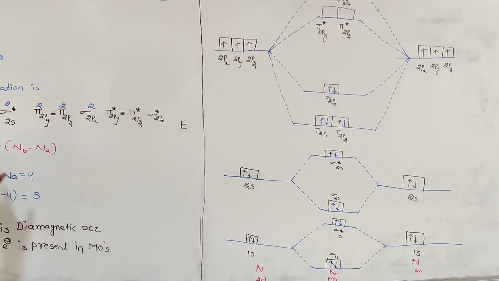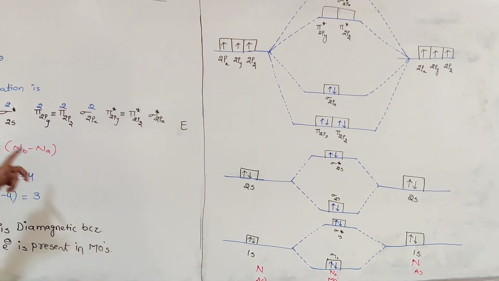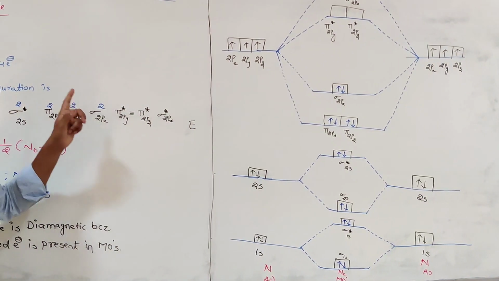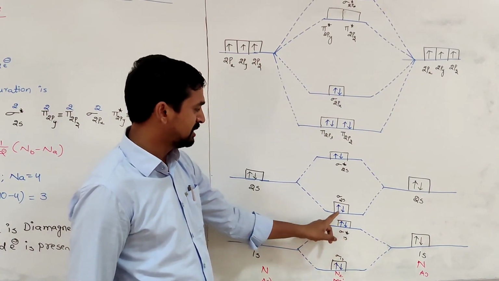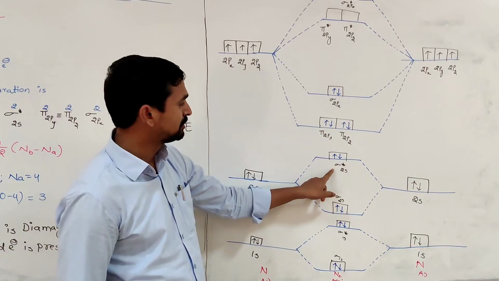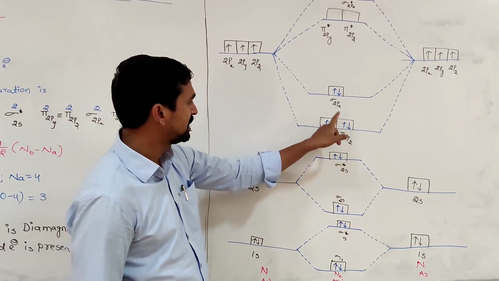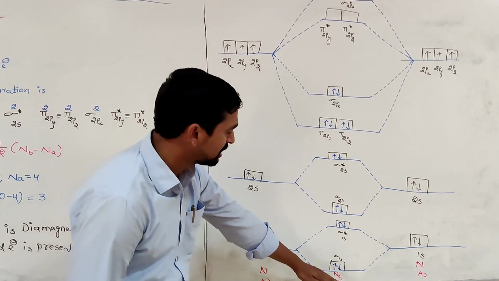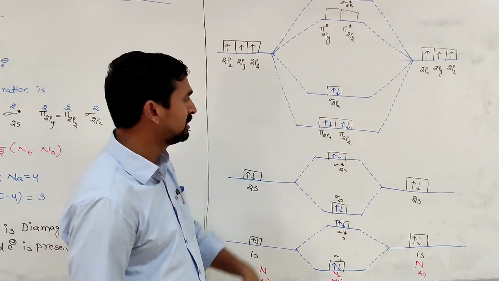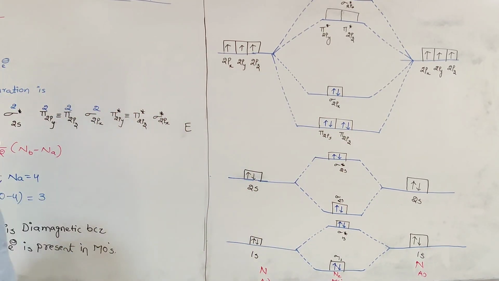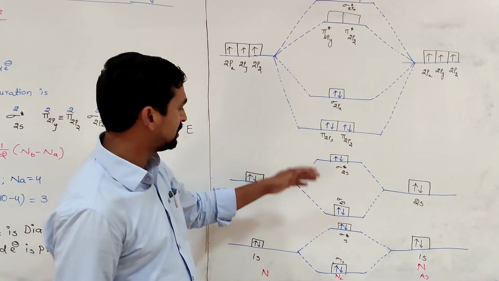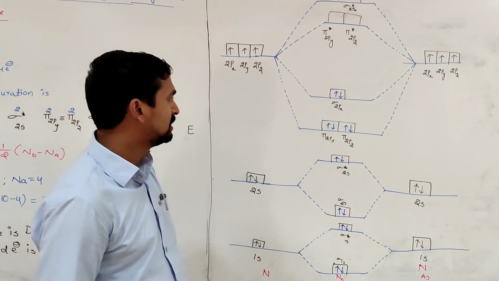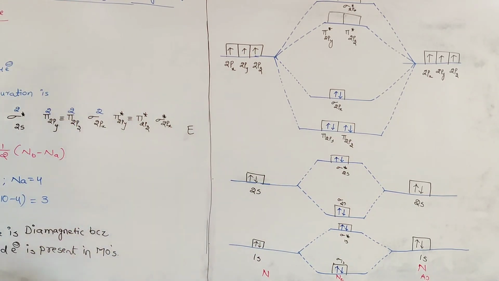After that we fill the electrons in the molecular orbitals: first 2 electrons enter sigma 1s, then sigma star 1s, then sigma 2s, sigma star 2s, pi 2py, pi 2pz, then sigma 2px, in increasing order of energy. So this is the molecular orbital energy level diagram. No molecular orbital has an unpaired electron, all are paired. That's why the nitrogen molecule is said to be diamagnetic.